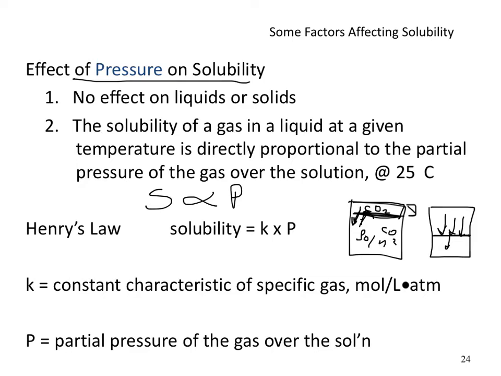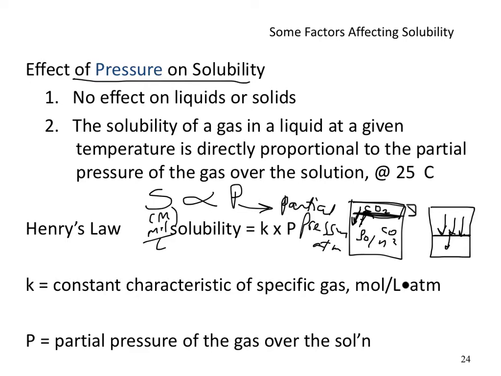The solubility is essentially measured in molarity or moles per liter, and the pressure that we are talking about pertains to a specific gas, so you can call it the partial pressure as well. And usually the units will be in atm, atmospheres.